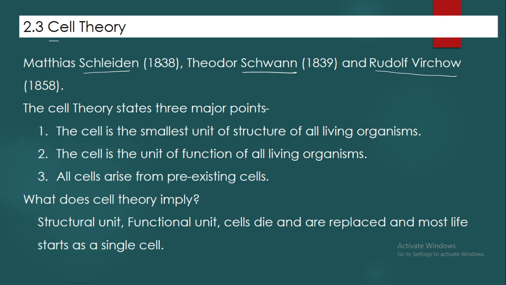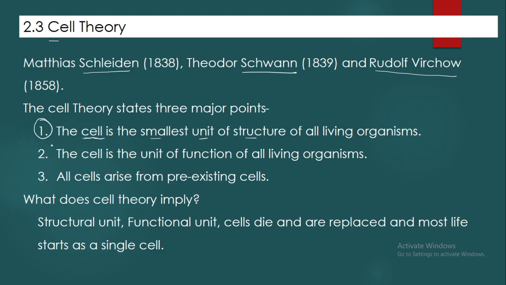Both of them observed that if you take any living organism, the smallest unit of its structure is the cell. The first point proposed in the cell theory was that the cell is the smallest unit of the structure of all living organisms.